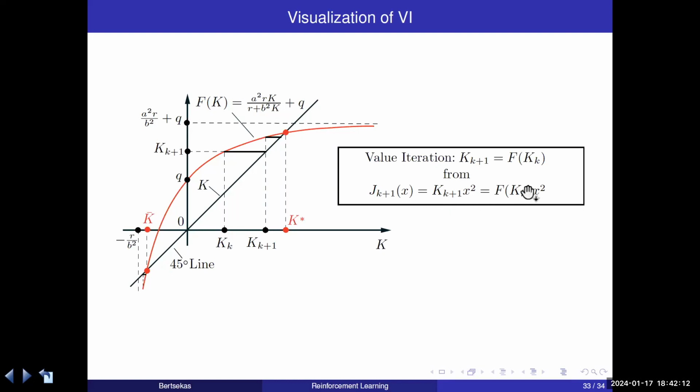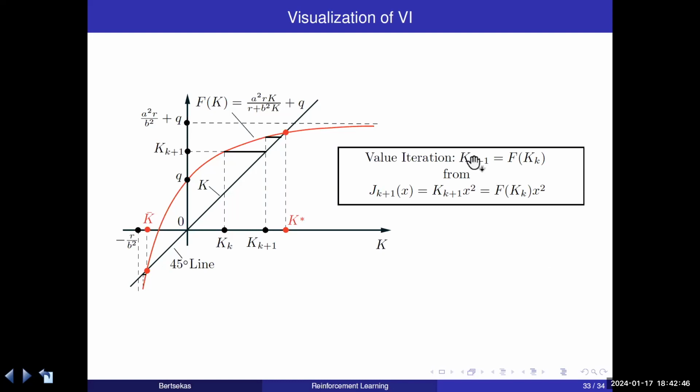So value iteration generates a sequence of quadratic functions where, however, the quadratic term can be canceled out, and you can write value iteration as an iteration on the cost coefficients. So this is basically a way to solve the Riccati equation by using value iteration. Generate a sequence of k's that converges to k star.